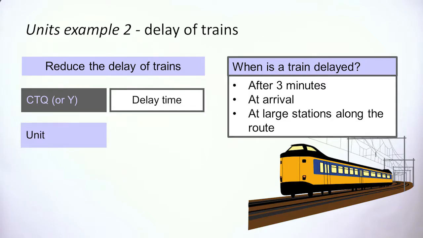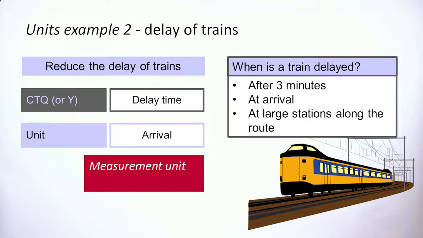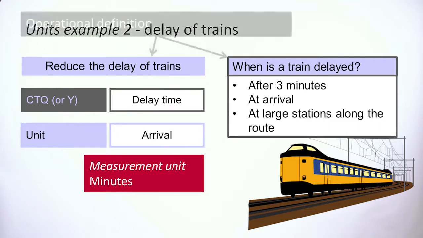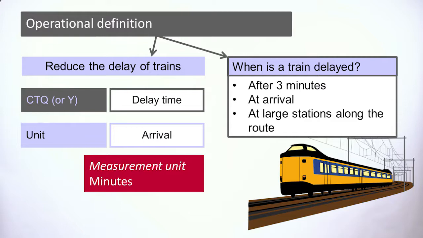In the Dutch system, it is an arrival, as for each arrival you measure the delay time of a train. The measurement unit is minutes, the number of minutes a train is delayed. These agreements on how to measure the variable delay time and what the unit is are called an operational definition.